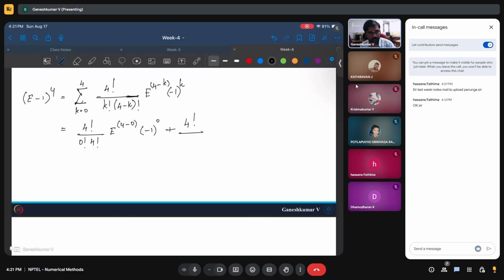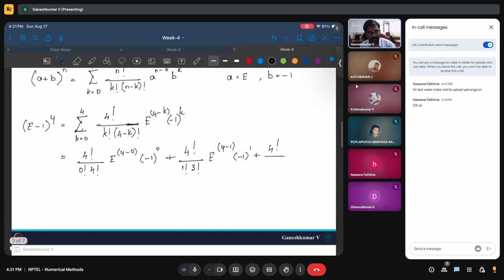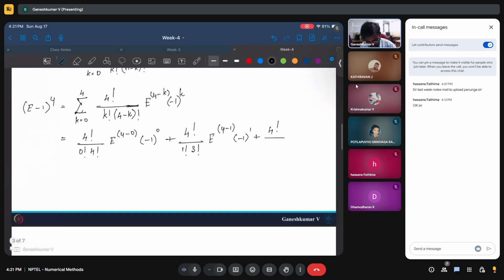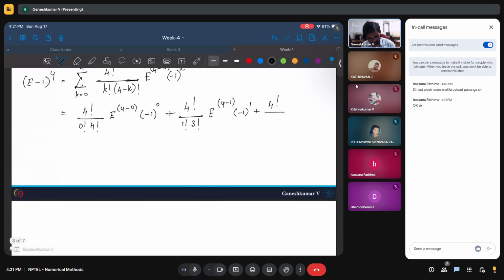Now if you make k to be 1, it's going to be 1 factorial times 3 factorial e^(4 − 1) (−1)^1 plus 4 factorial. If you know the formula for (e − 1)^4 you can write it directly, but I'm just going through every step.